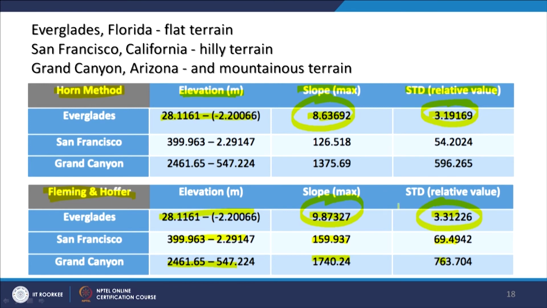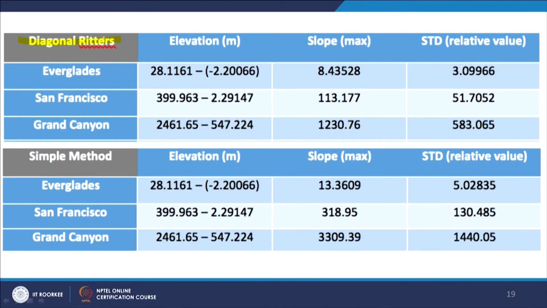The purpose here is to show this comparison, because the terrain is different. Though the methods might be the same, the results would be different, because the algorithms being employed are completely different. If we employ the diagonal method and a simple method, again the results show a huge difference: 8.4, this is 13.36, and standard deviation relative values 3.09 and 5.02.